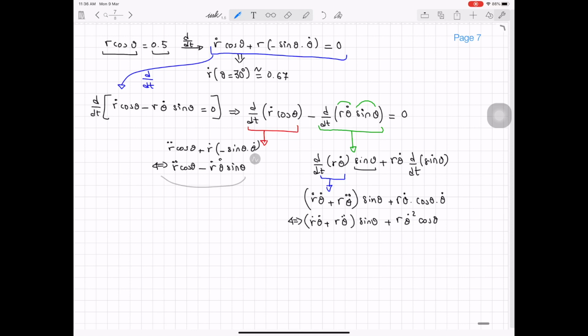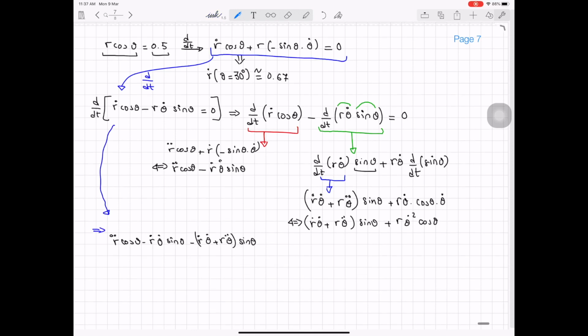Now this part of the equation minus this part shall be equal to 0. So the whole thing is equivalent to minus R theta dot squared cosine theta, and it has to be equal to 0.